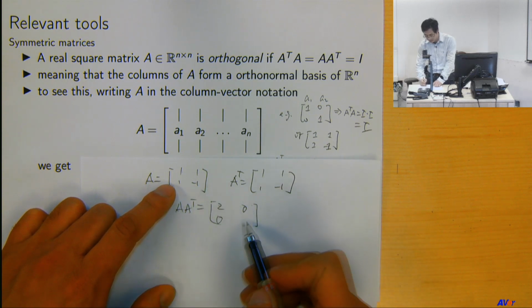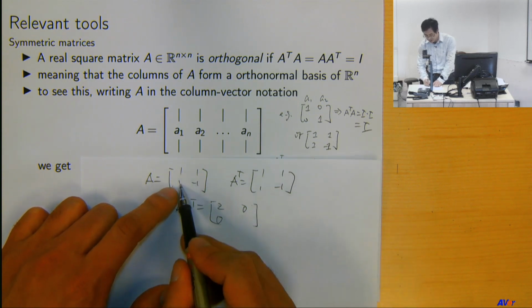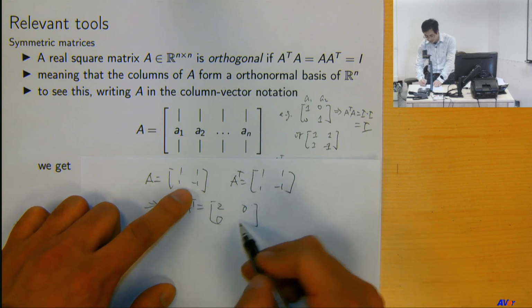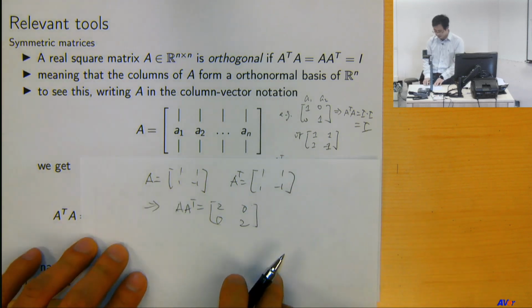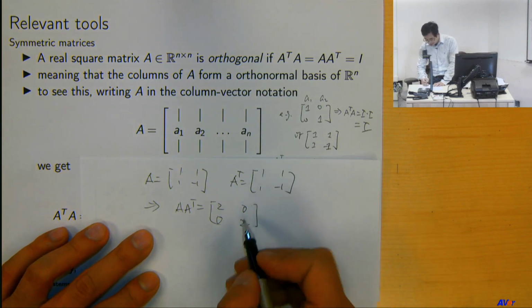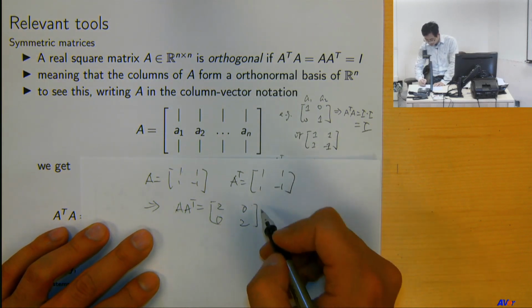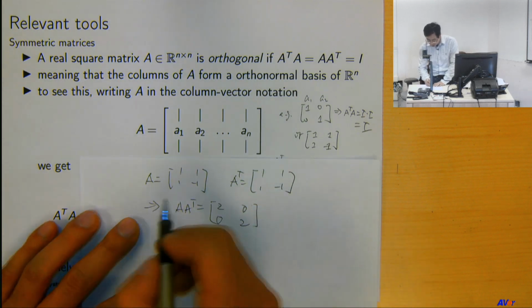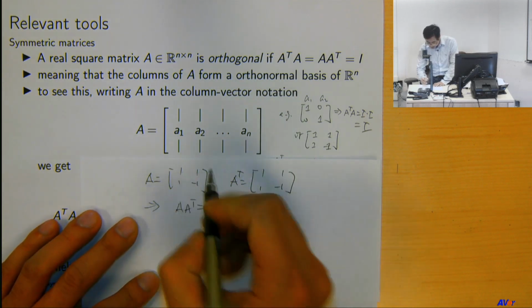For the 2, 2 element, it's 1 times 1 plus negative 1 squared, so it's also 2. So this gives you 2, 2. Let me do a little bit of editing.